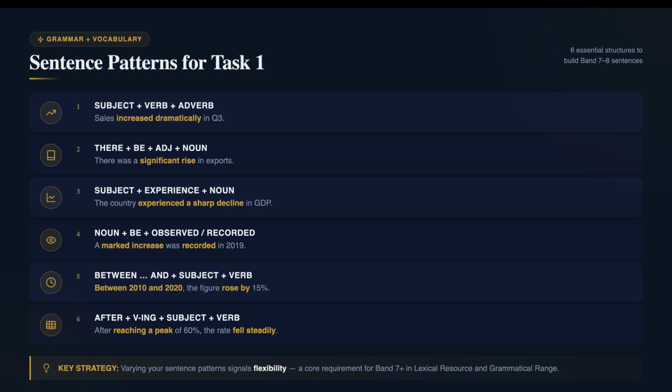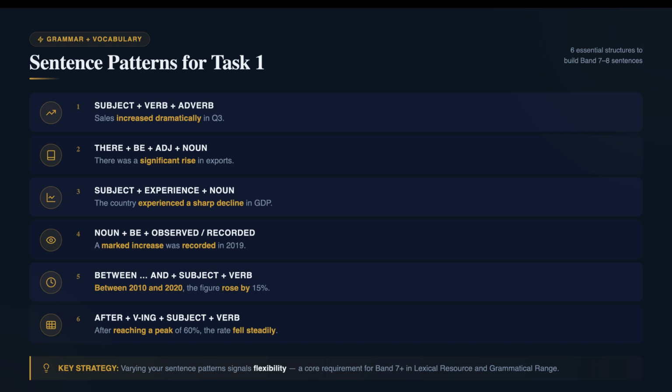The first one: subject followed by verb and followed by adverb. Let's have a look at the example. Sales increased dramatically in Q3. In this case, sales is a noun and it works as a subject.